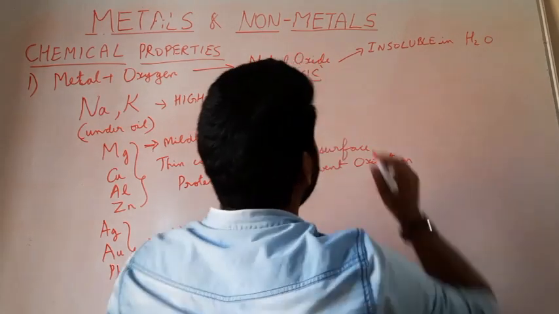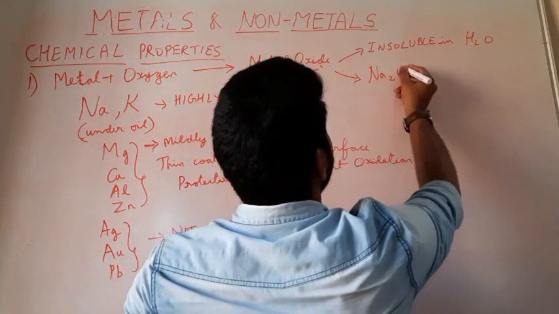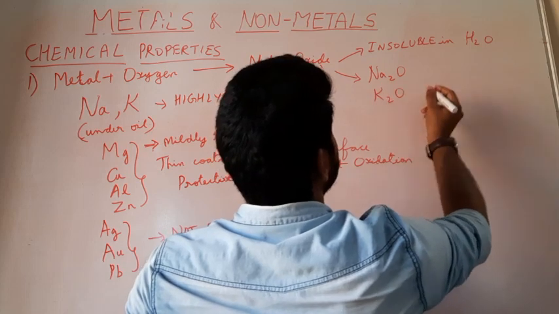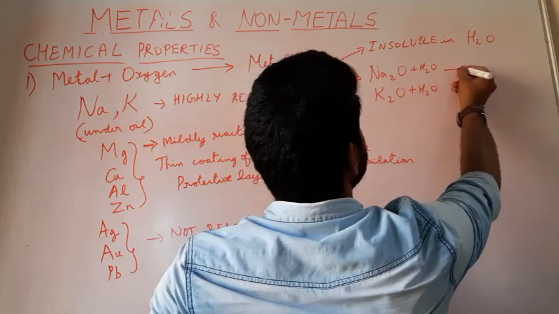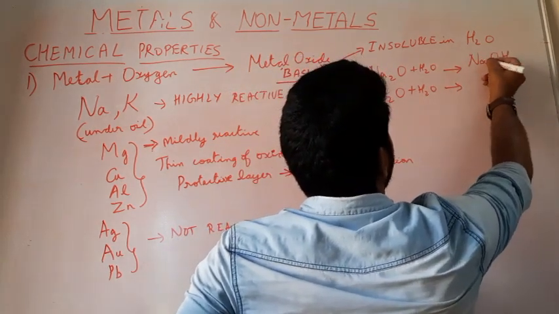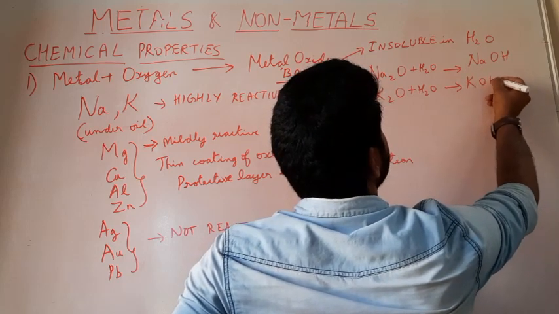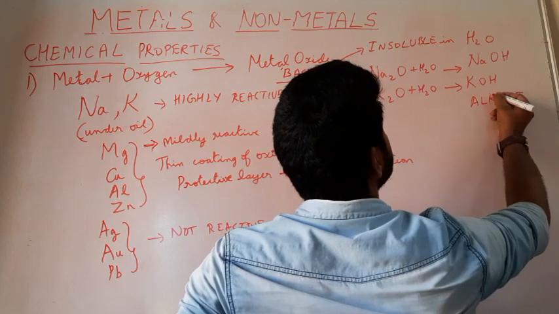Whereas there are some metal oxides which are soluble in water, for example sodium oxide and potassium oxide. If we dissolve these metal oxides in water, we get metal hydroxides which are called alkalis.